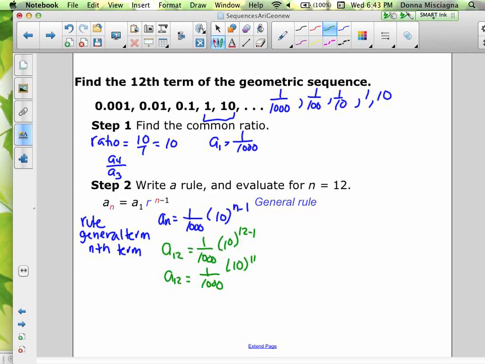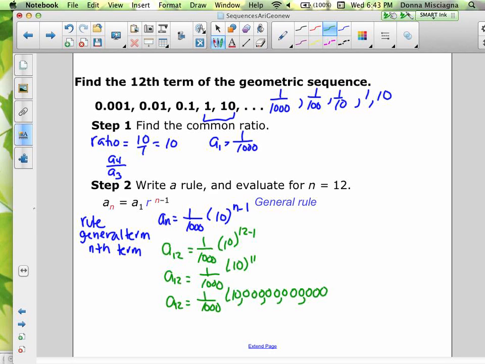No need to use a calculator on this one. We just have to add 11 zeros to 10. So A12 is going to be 1/1,000, and by the way, this one is in your notes, times 10, and then 1, 2, 3, 4, 5, 6, 7, 8, 9, 10, 11 extra zeros there. There we go.